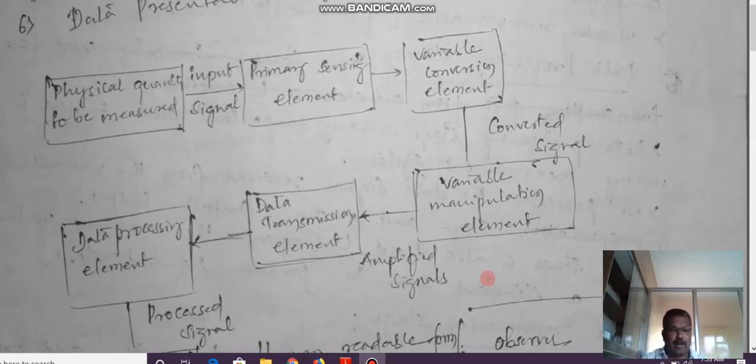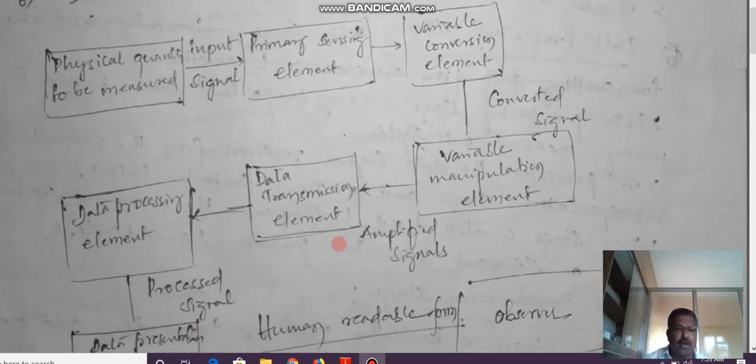Today I'm going to explain how the generalized measurement system is applicable to the different practicals we learned, like the load cell, pressure gauge, and the thermocouple. In the load cell, we are applying a physical quantity that can be converted to electrical form, and we can see it on the digital indicator.